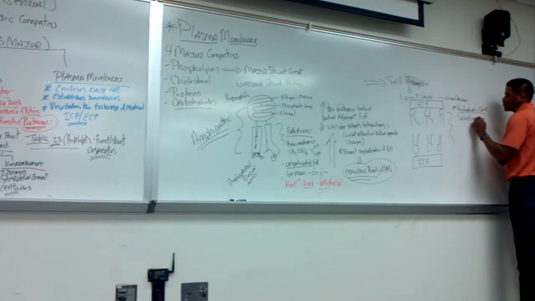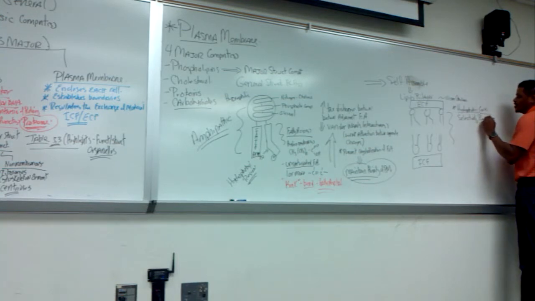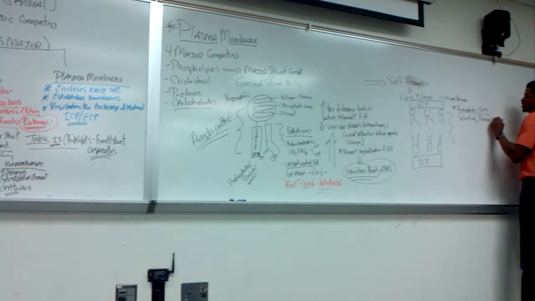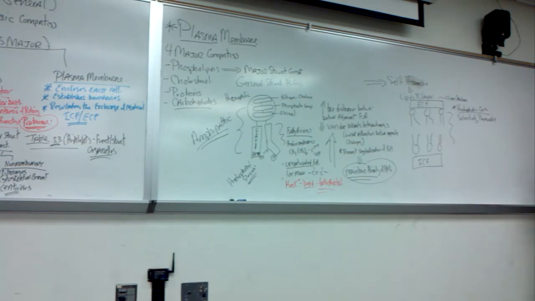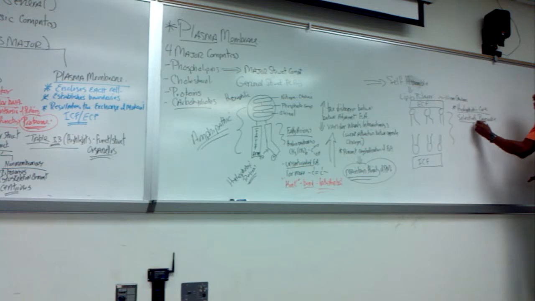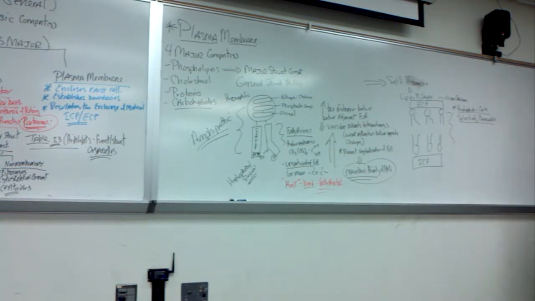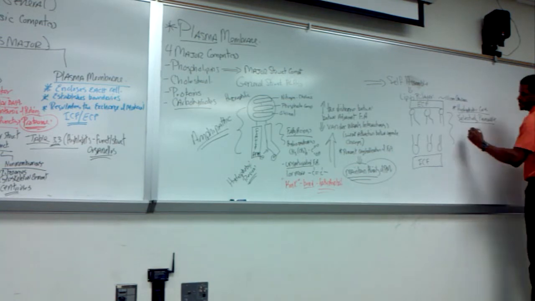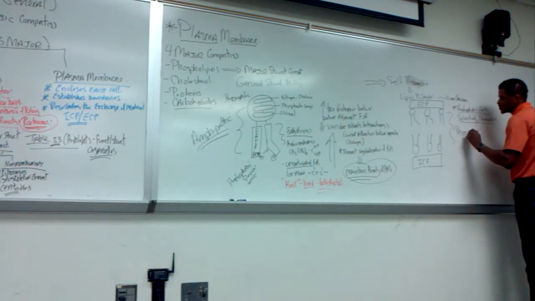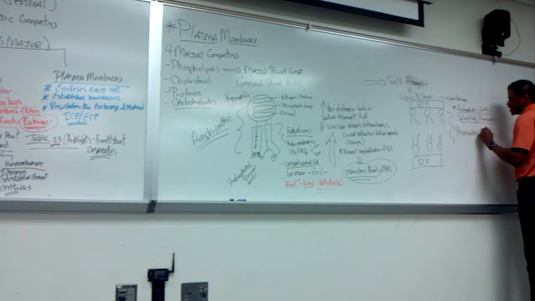So because of the hydrophobic core formed by the sequestration of the fatty acid tails away from the intracellular fluid and the extracellular fluid, structurally we have a hydrophobic core which allows the plasma membrane to regulate what can readily enter and exit the cell. The plasma membrane is readily permeable to lipophilic substances.